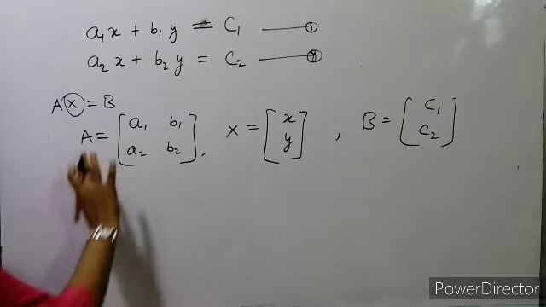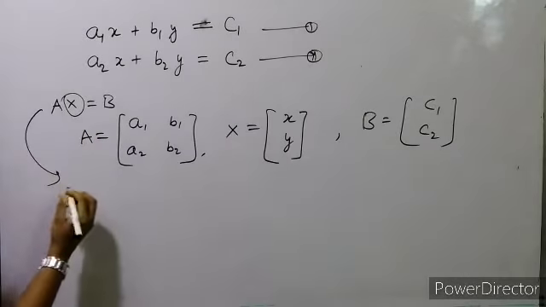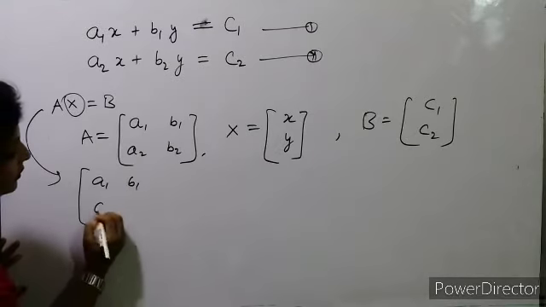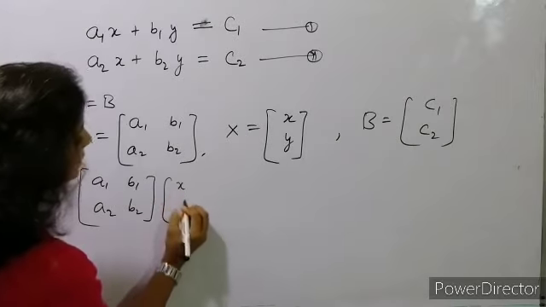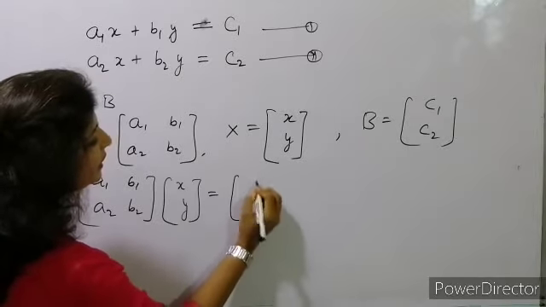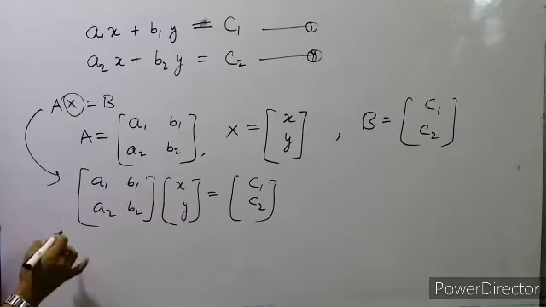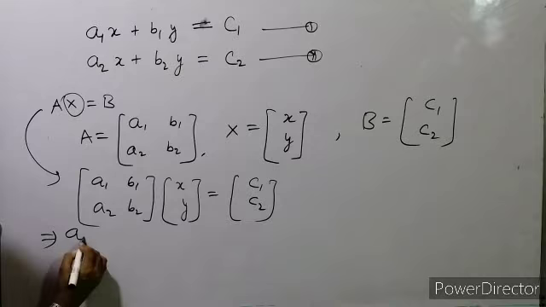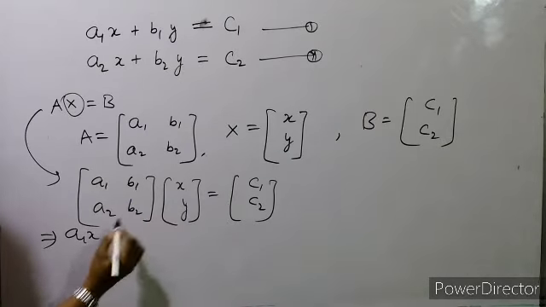So when we multiply, AX = B means the A matrix a1, b1, a2, b2 multiplied by x, y is equal to B, that is c1, c2. So when we multiply now, you will get the value a1x plus b1y.